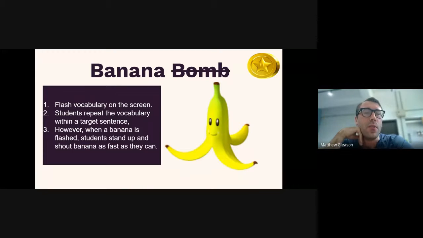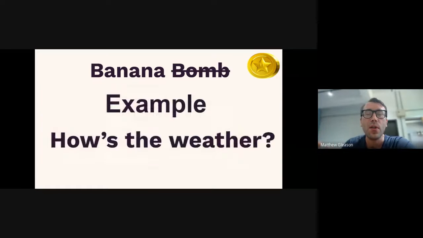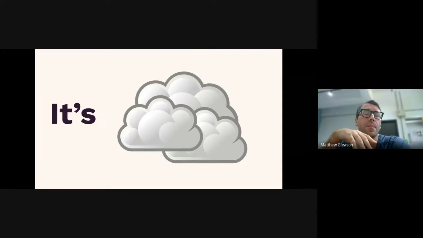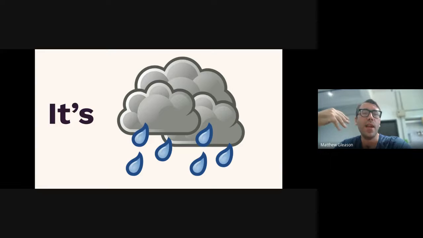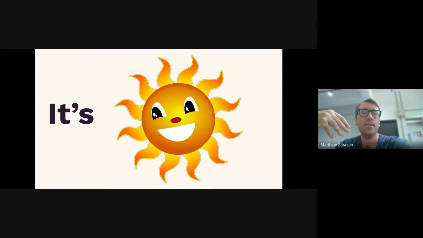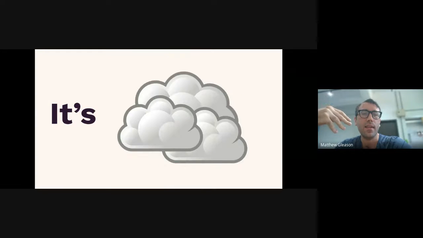So for example, it could be how's the weather? You have the whole class orally recite, everyone, how's the weather? And they repeat, how's the weather? And then you show them pictures, so they would shout, it's cloudy, it's sunny, it's rainy, it's sunny, it's cloudy.